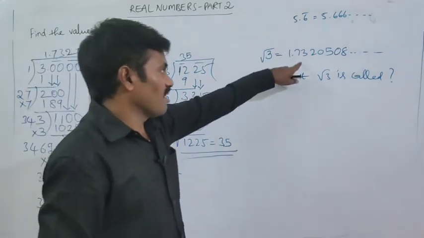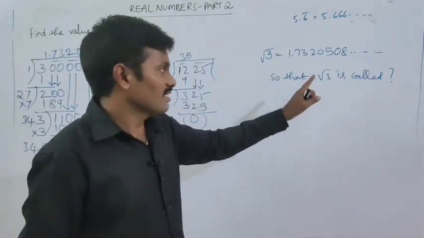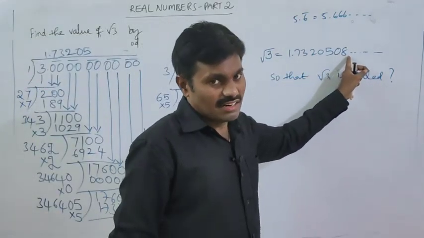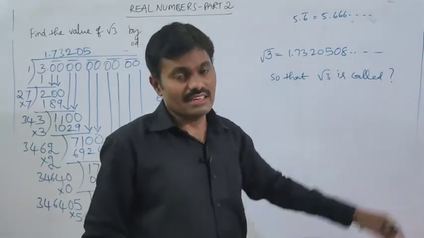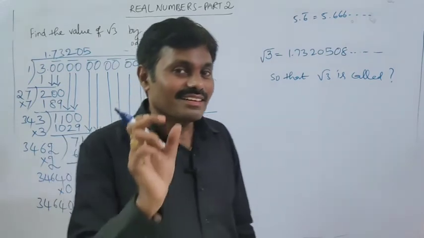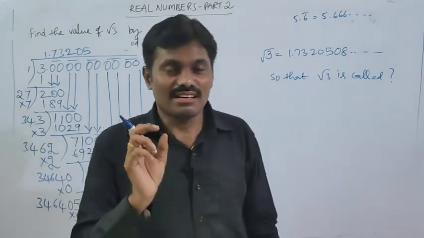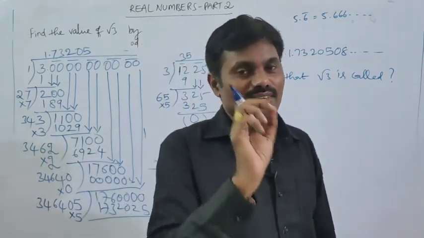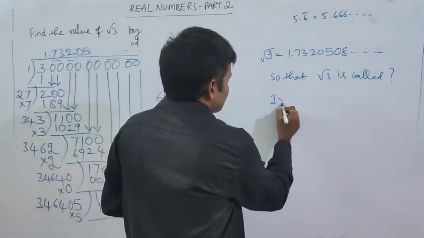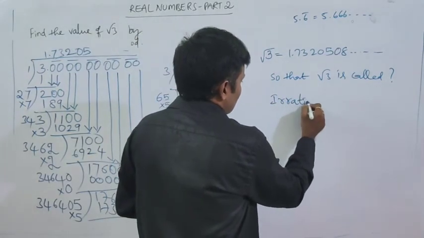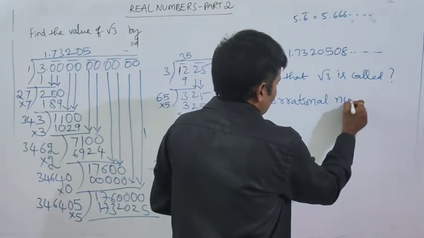Here it is non-terminating, that means no end, and the same digit is not repeating, so we call this type of numbers non-terminating, non-recurring decimals, or non-terminating, non-repeating decimals. Such numbers are called irrational numbers.